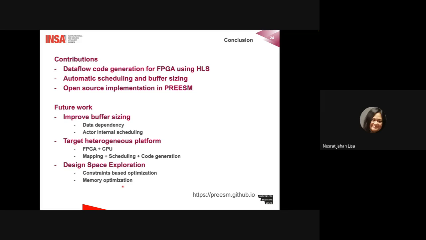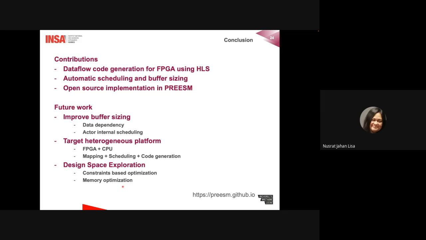This buffer sizing you are considering in the case where you have some kernels inside the FPGA, and each kernel is communicating with each other through the AXI stream protocol. When we are using the AXI stream protocol, we have to have some FIFO inside each kernel. So you are trying to find a resource-efficient way to decide how much FIFO you can allocate inside the FPGA.